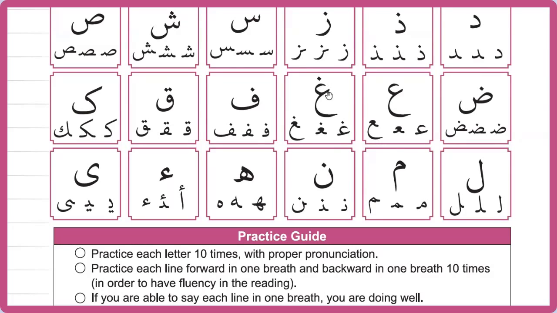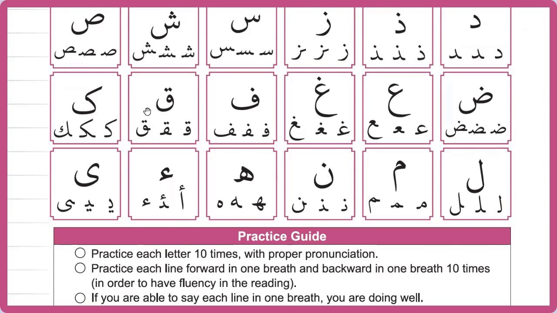Then ghain has a gargling sound, a heavy letter, and there are 3 different shapes of ghain. Then fa, you can see the 3 different shapes here. Then qaf, it's also a heavy letter.